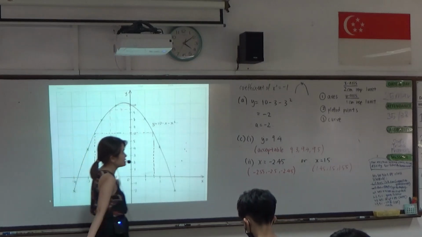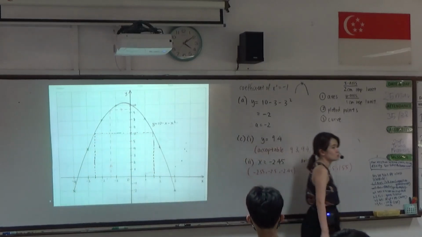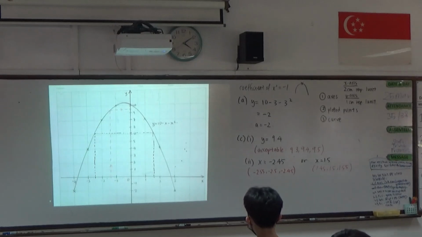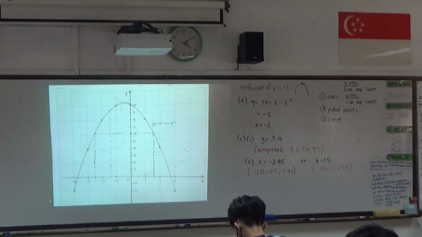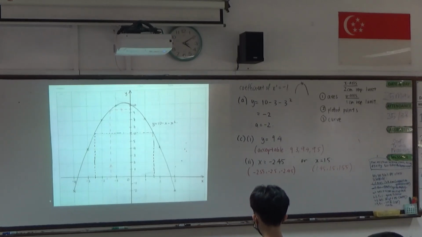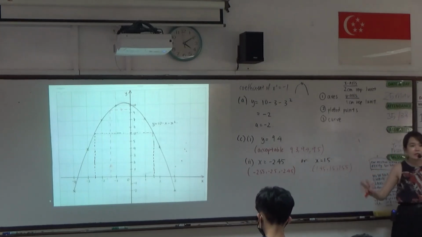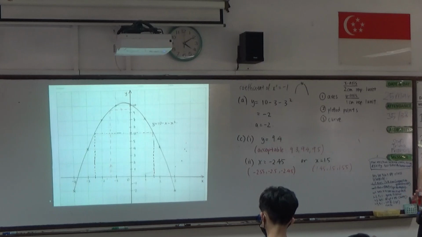So it cannot be one side negative 2.45 and the other 2.45. Anyone not able to get any of these acceptable values?